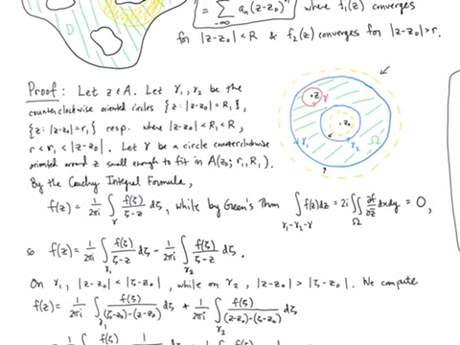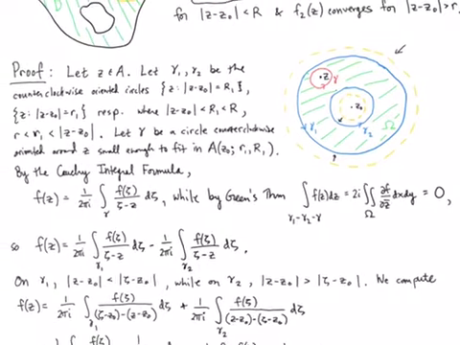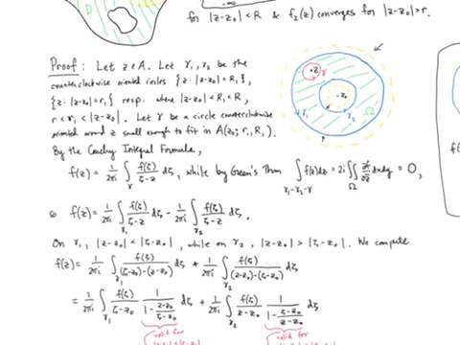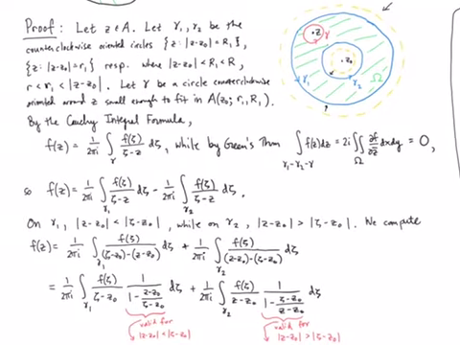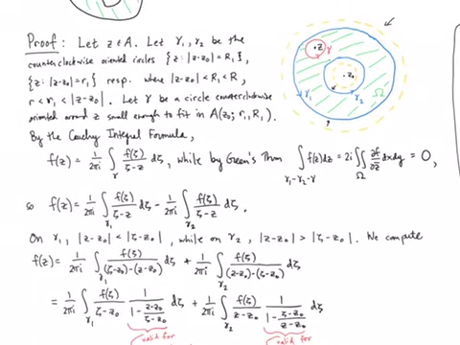Because our function is analytic in that green region, because it's inside the annulus, the yellow annulus, which is where our function is analytic. So we can apply Cauchy's integral formula there, and we see that f has that standard expression: the integral along gamma of f of zeta over zeta minus z.